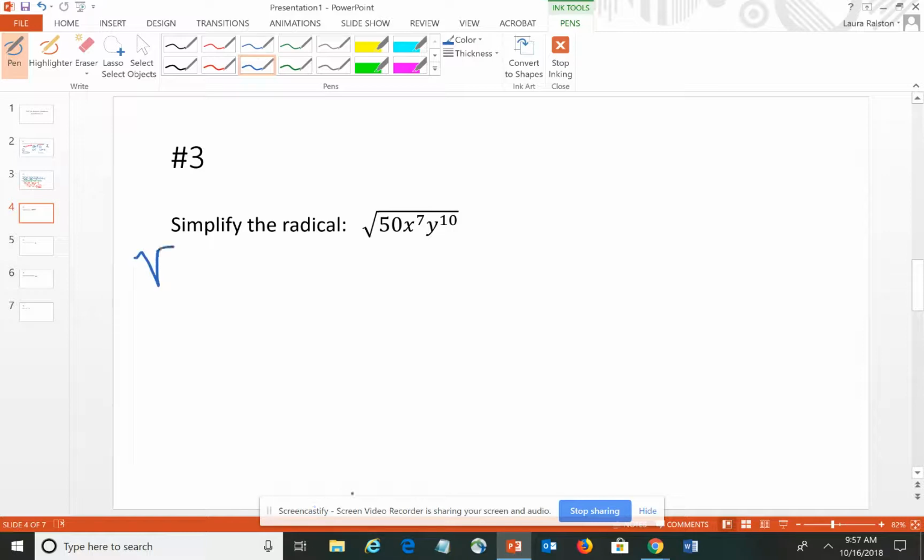So let's see. I would have 50 is 5 times 10, and 10 is 2 times 5. Okay, let me back up there for a second because we can put the 5s together.